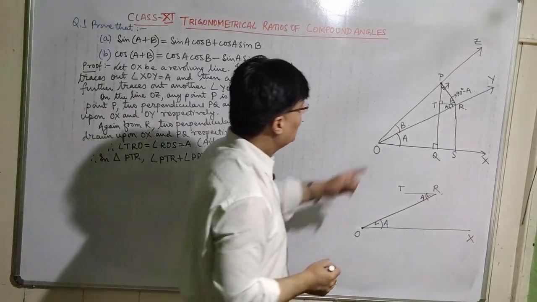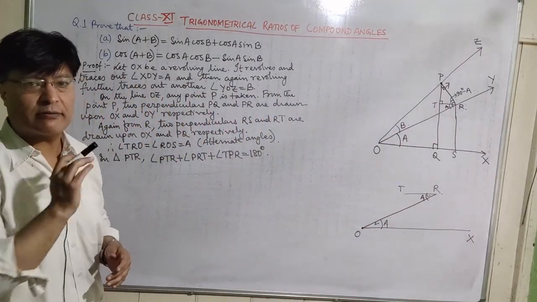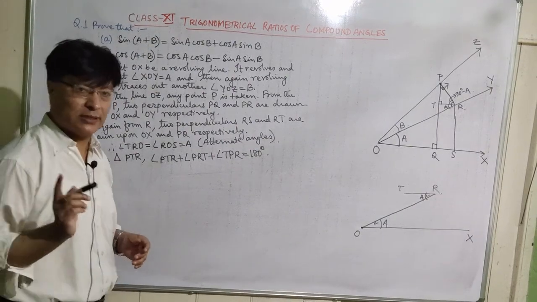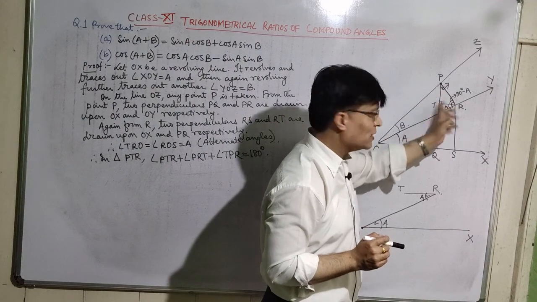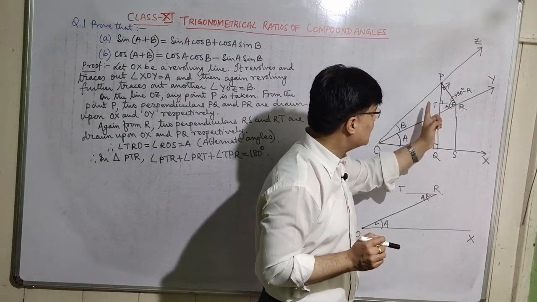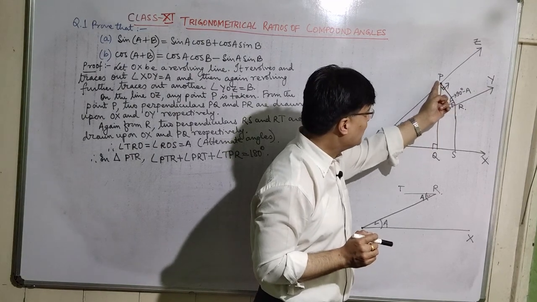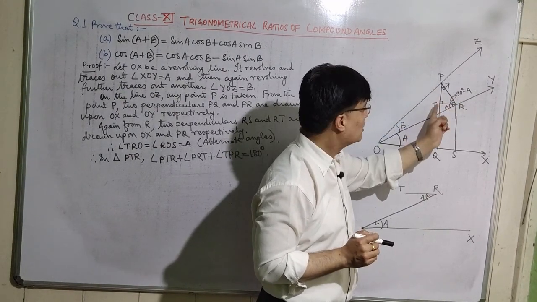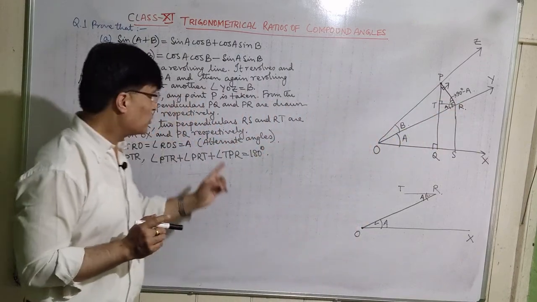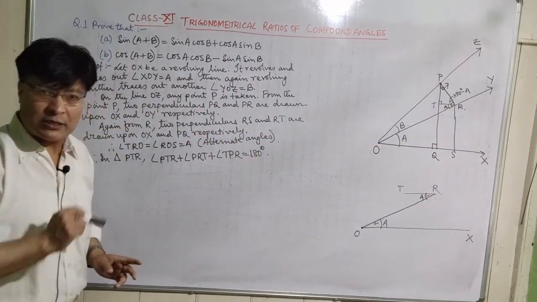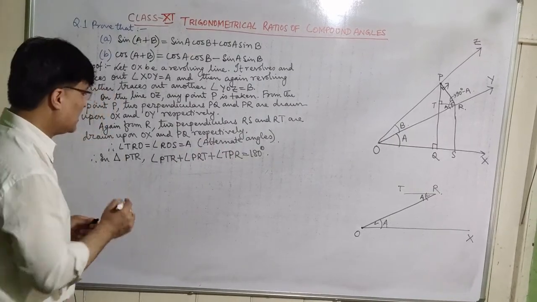So here PTR is a right angle triangle, isn't it? In this case angle PTR is equal to 90 degree, angle PRT is equal to 90 minus A. So you have to find out angle TPR. So we have to use this property of triangles, that is, sum of the three angles of a triangle is equal to 180 degree, right?